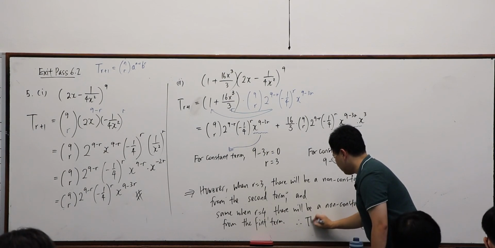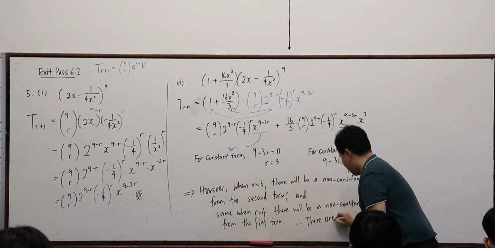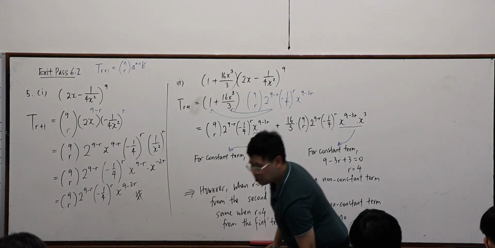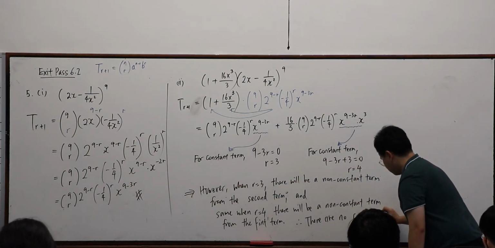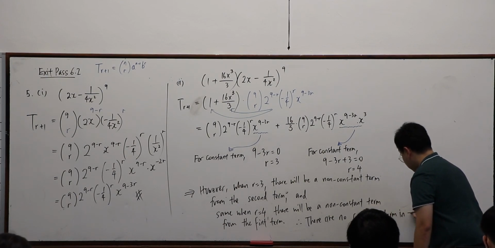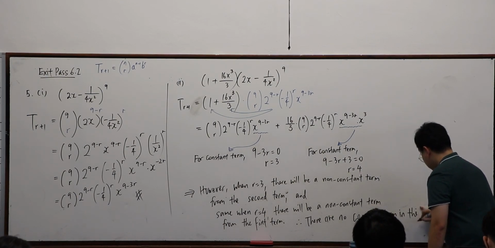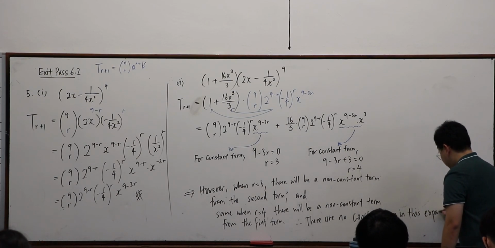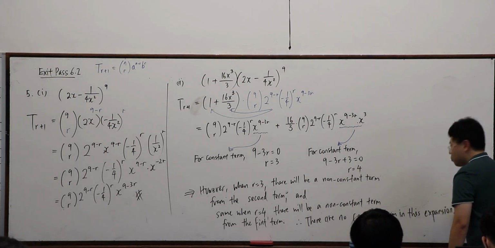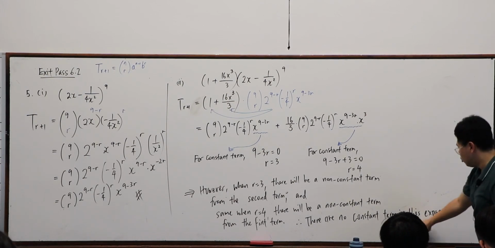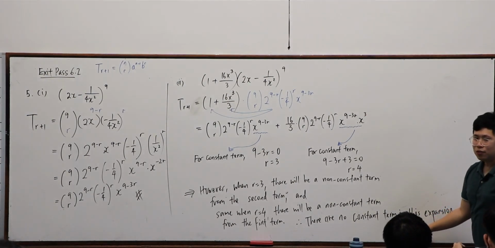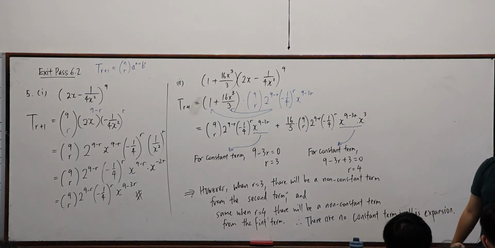So the conclusion, okay, this is a very poor way of doing this, but I think it should be correct. There's no constant term in this expansion. So I'm trying to explain why there is no constant term in this expansion.